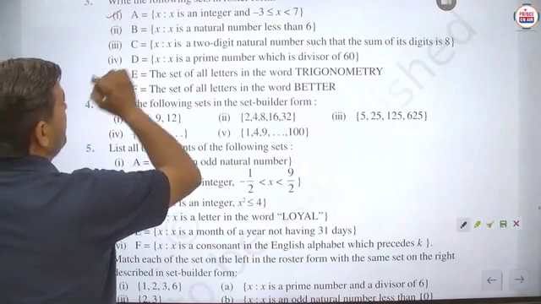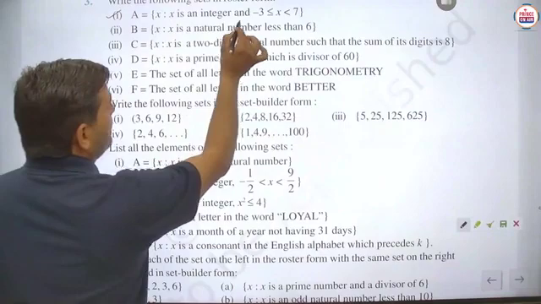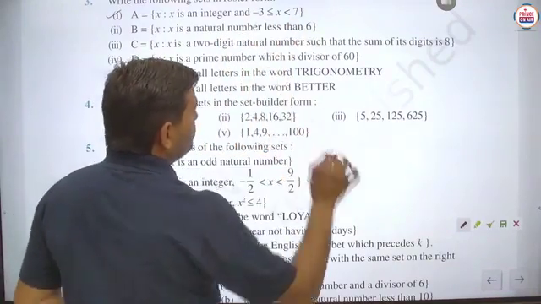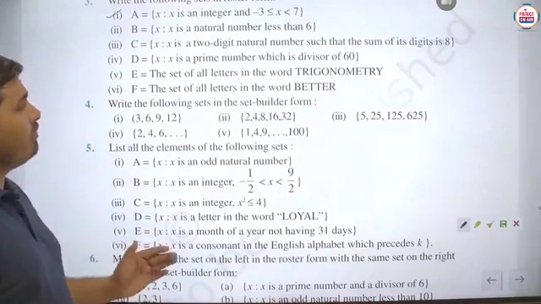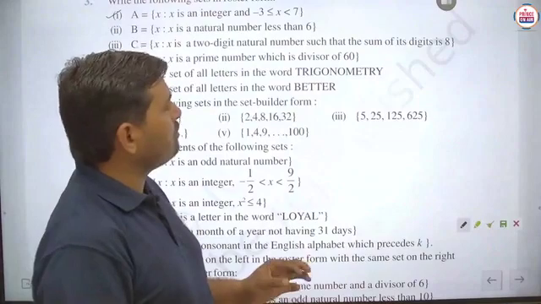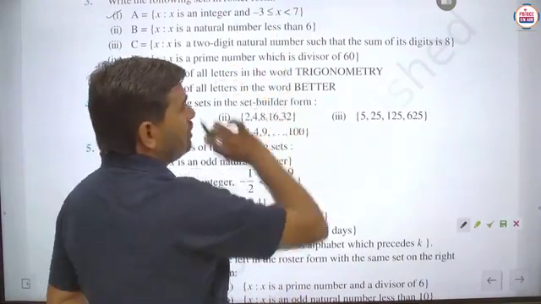So in this first part, A is a set, here x such that x is an integer and -3 to 7. So basically student, if we know very well about the integer, then from -3 to 7 we have to write down the integers, but here -3 is to be included and 7 is not to be included.